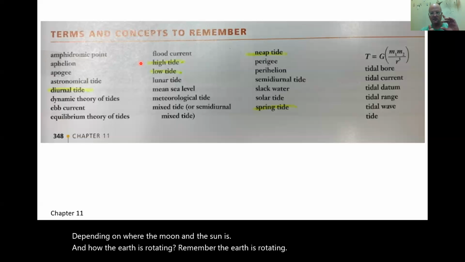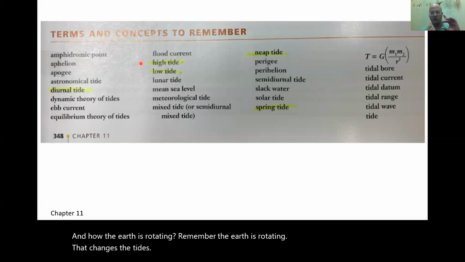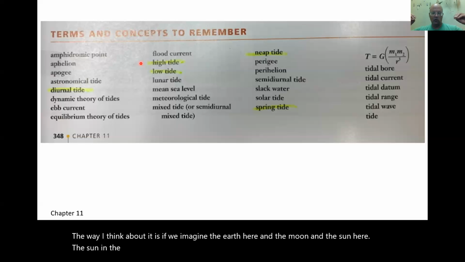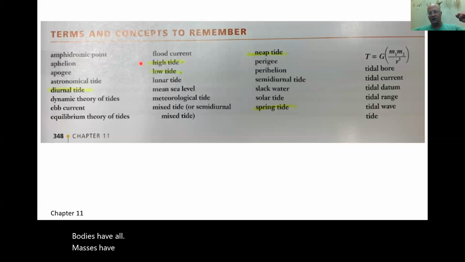That changes the tides. The way I think about it is if we imagine the Earth here and the moon and the sun here, the sun and the moon are pulling through gravity. All masses have gravity, and it is pulling the water on the Earth.